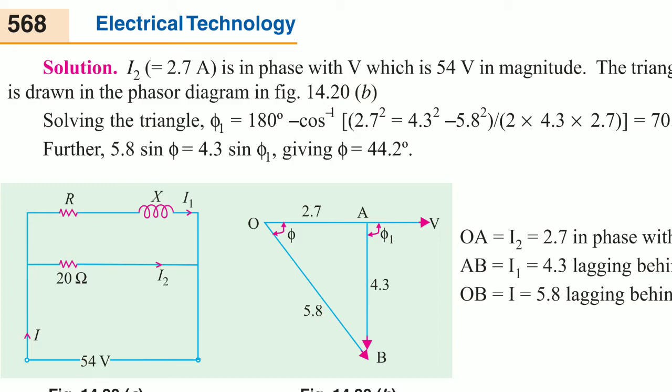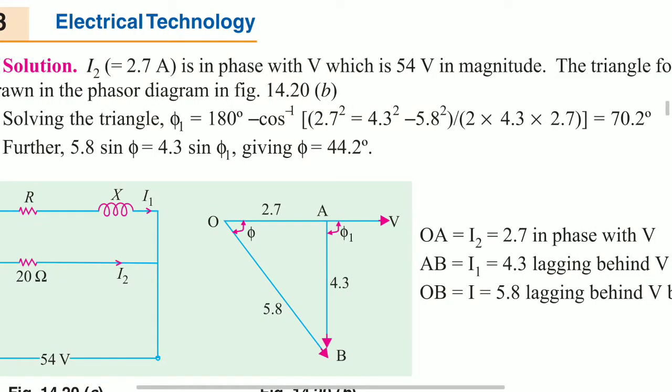That is the formula for cos phi 1. Now phi 1 is the cos inverse of resultant current square minus I1 square minus I2 square divided by 2 I1 I2. So by solving the triangle, phi 1 is 70.2 degrees.